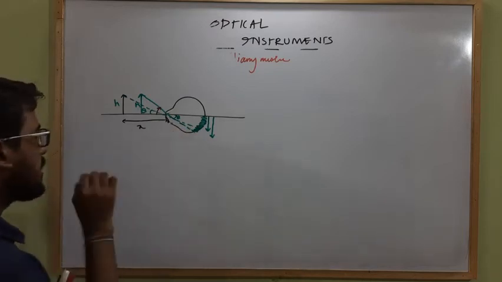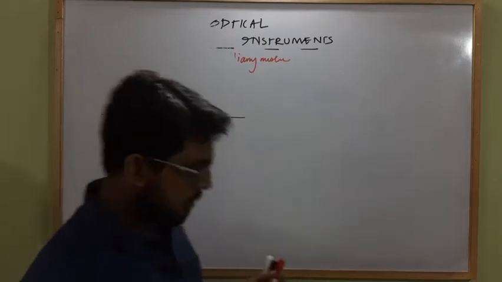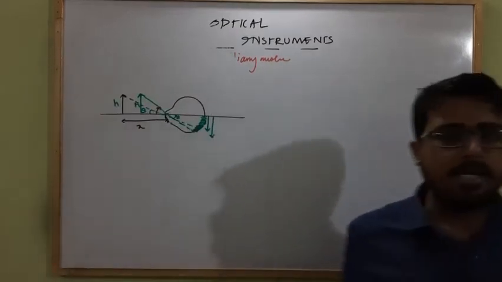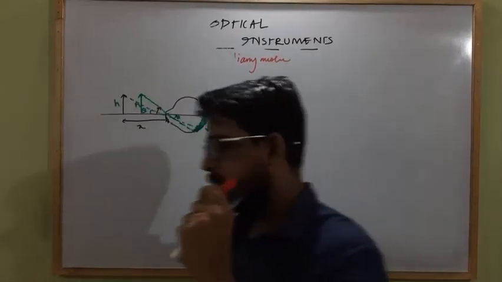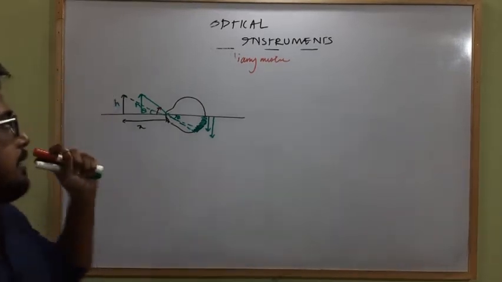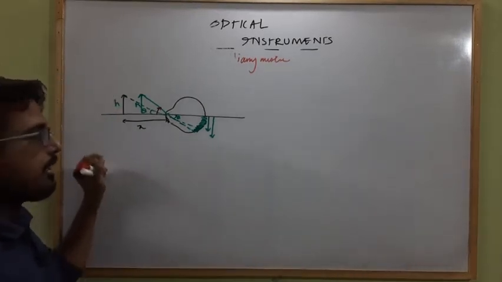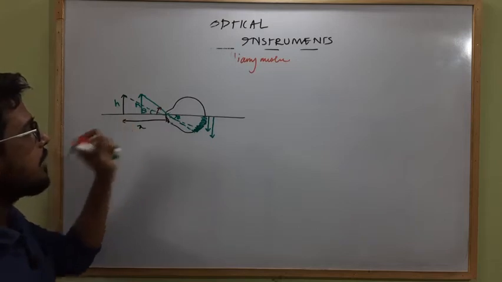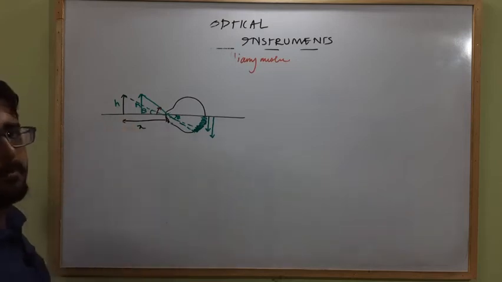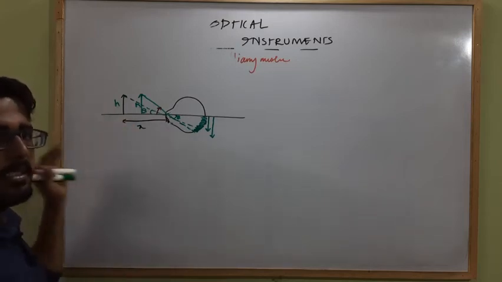Clear? So generally for a normal eye, the minimum angle of view tends to be 1 minute. If the angle of view is nearly 1 minute, then we are able to see the object image.